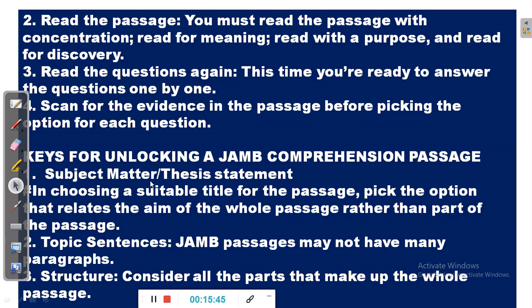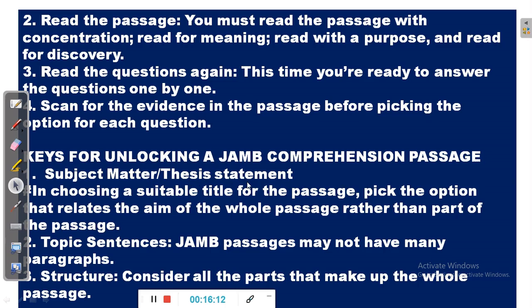And when you discover this, it's going to help you to really simplify the whole process. So you read with the mindset that you want to know the subject matter. So you will read with a question in your mind. What is this passage about?